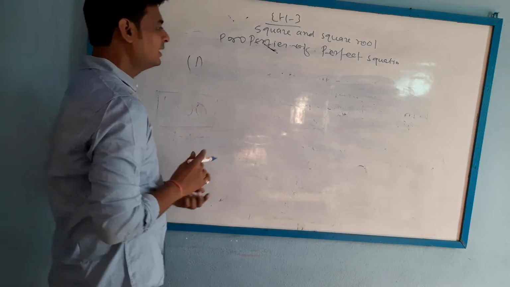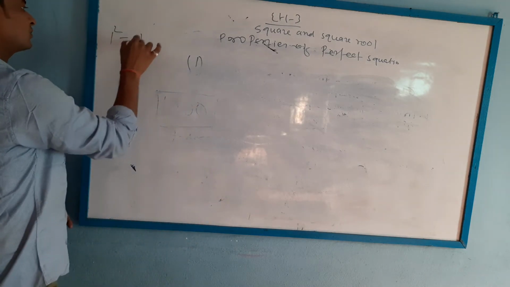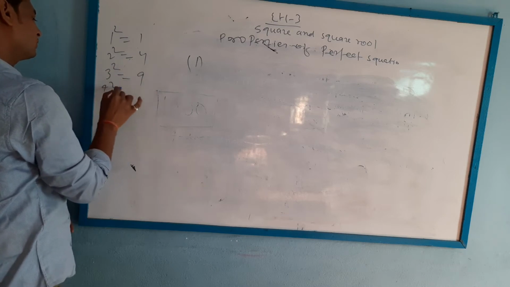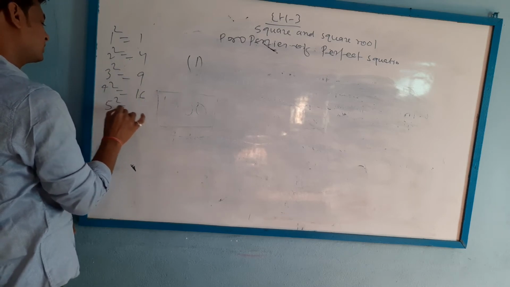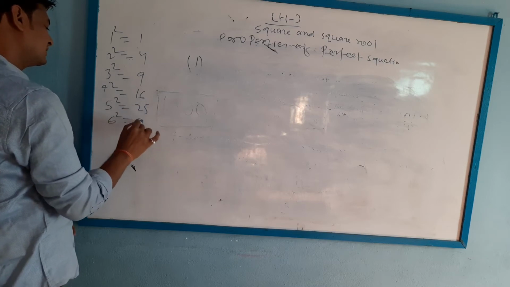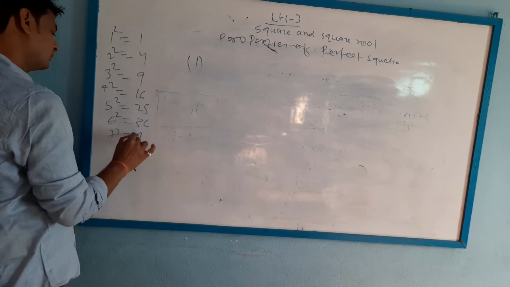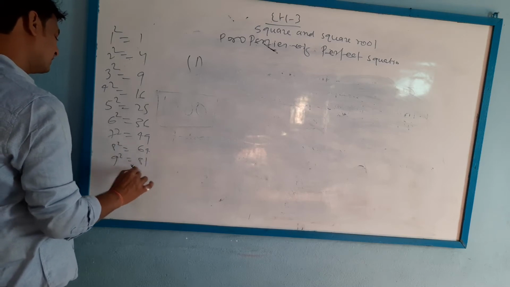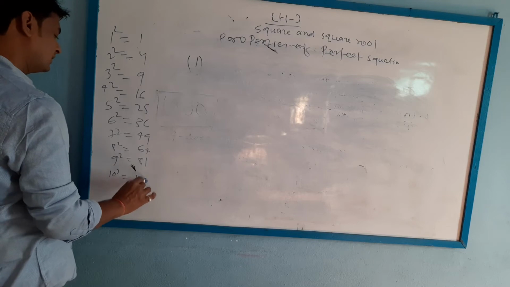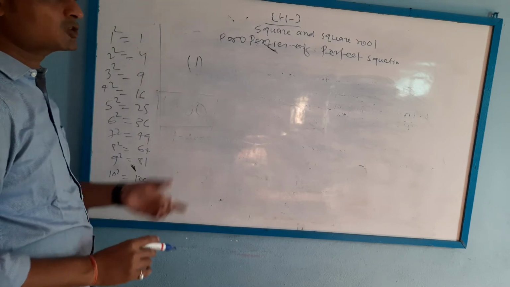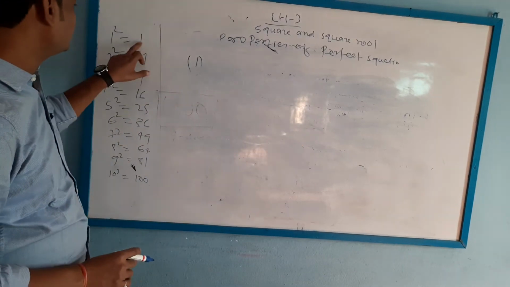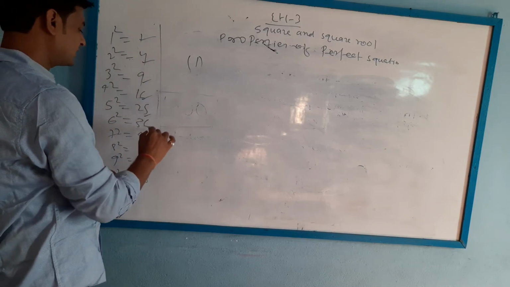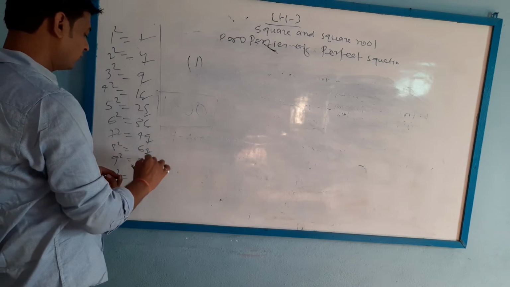Suppose if you observe here the square of 1, square of 2, square of 3 equal to 9, 4 is 16, 5 is 25, 6 is 36, 7 is 49, 8 square is 64, 9 square is 81, 10 square is 100. The squares at the unit place are 1, 4, 9, 6, 5, 6, 9, 4, 1, 0.